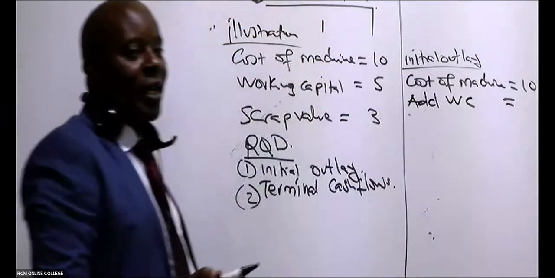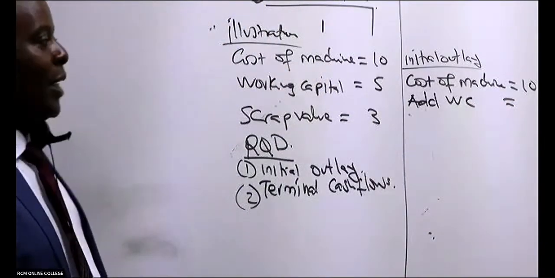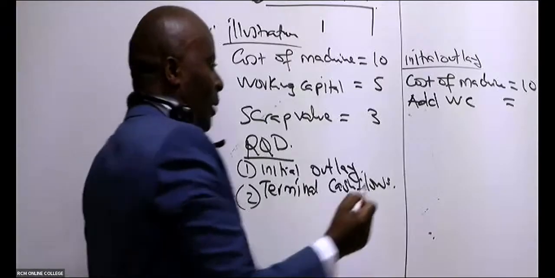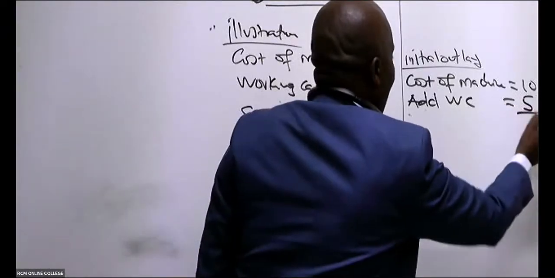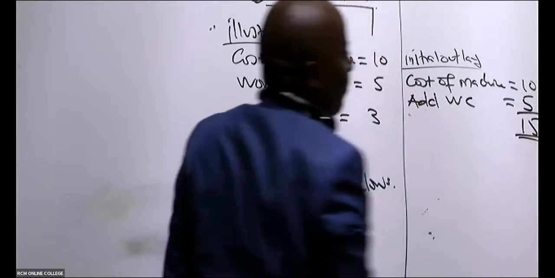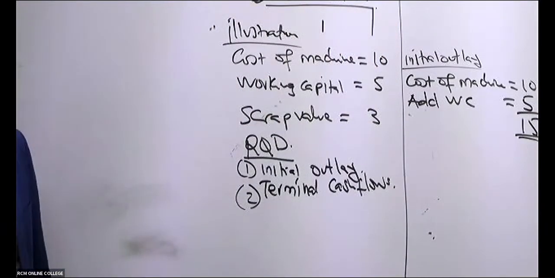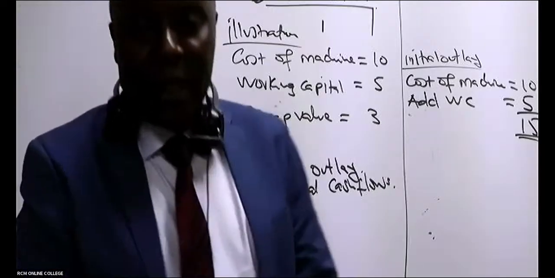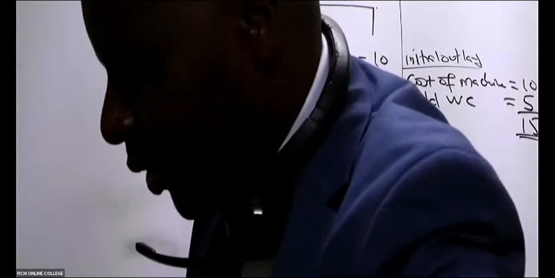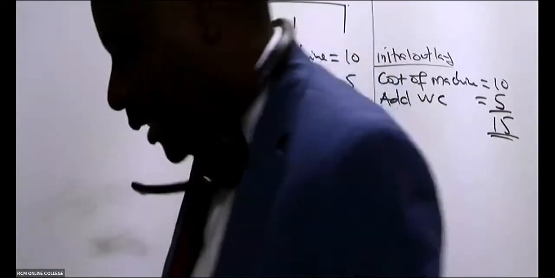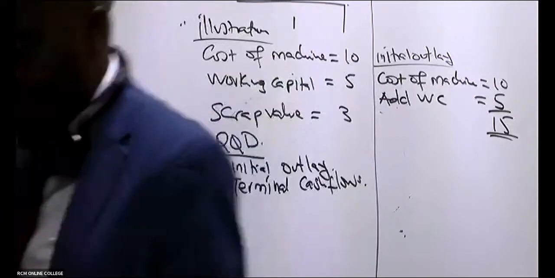WC stands for working capital. So when I add WC, what am I getting here, somebody? 5. So this gives me 15. So cost of the machine, and then you add working capital. This may seem basic, but it is very important.